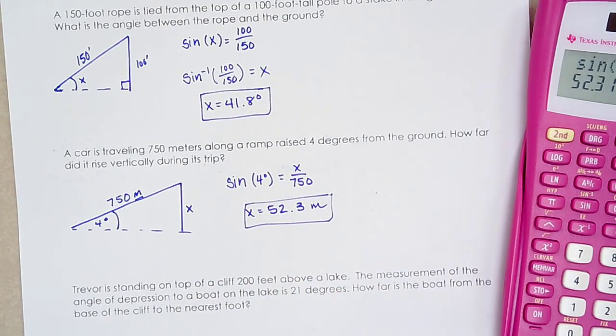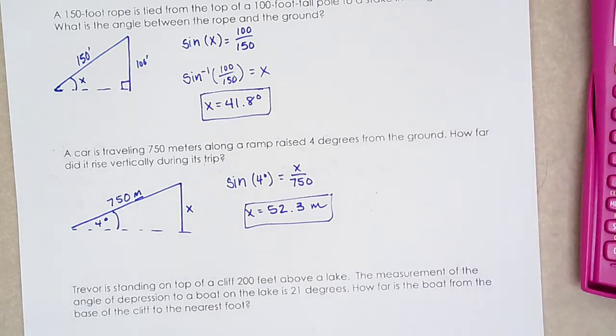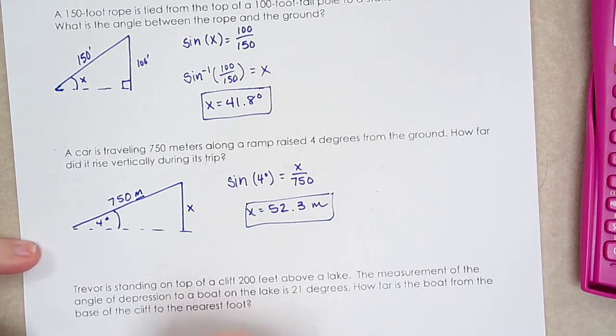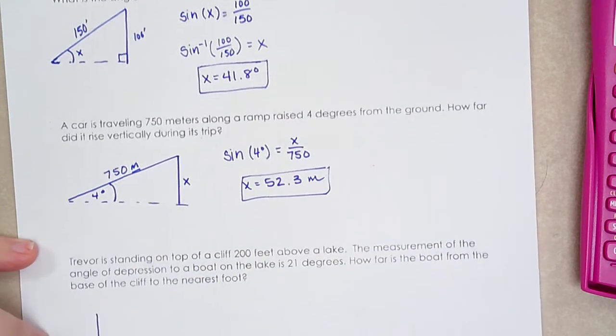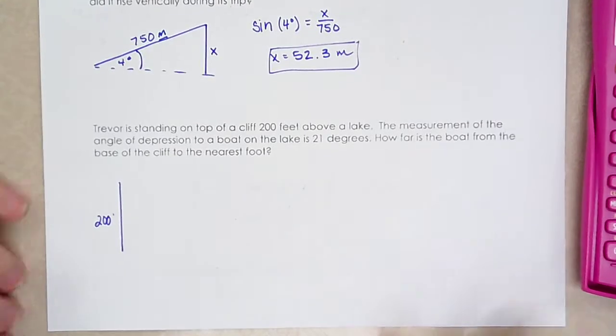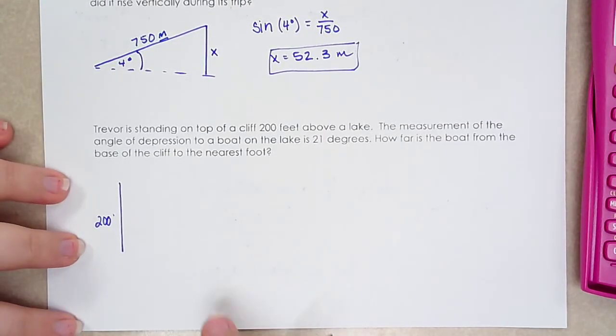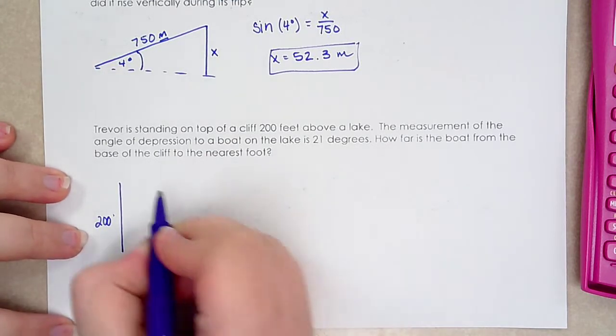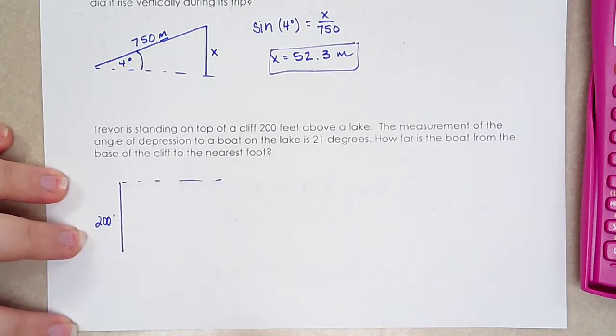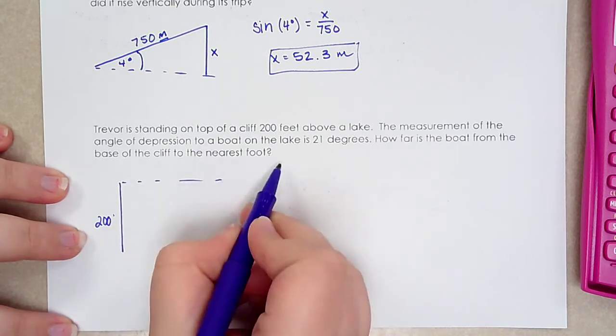And last one. Trevor is standing on top of a cliff 200 feet above a lake. All right, there's your cliff, 200 feet. It'd be nice if you could see it, I suppose. There you go. The measurement of the angle of depression to a boat on the lake is 21 degrees. So I'm going to go ahead and do my angle of depression to a boat.